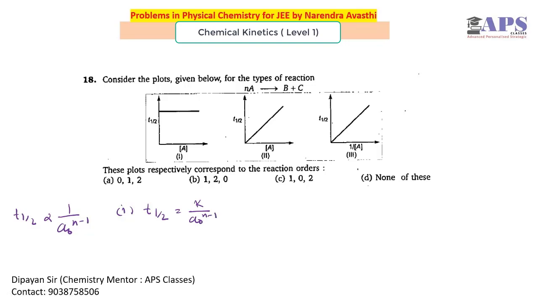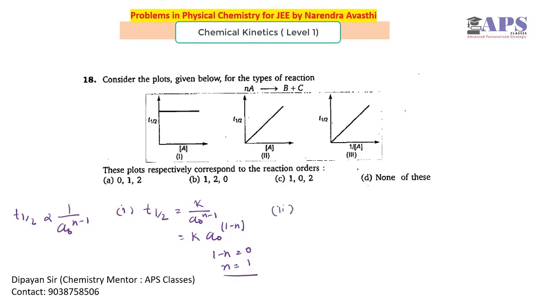It is a constant, which represents that A0 to the power 1 minus n equal to constant. So 1 minus n equal to 0, so n will become 1. So graph 1 will be a first order reaction.